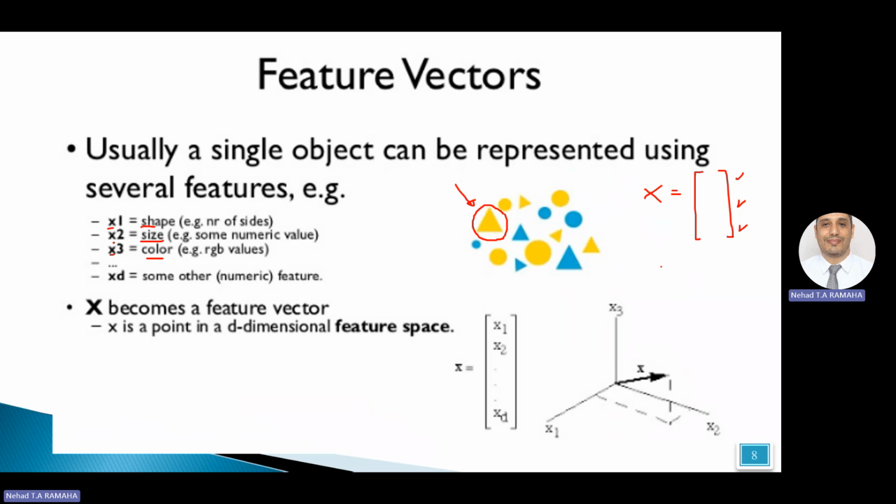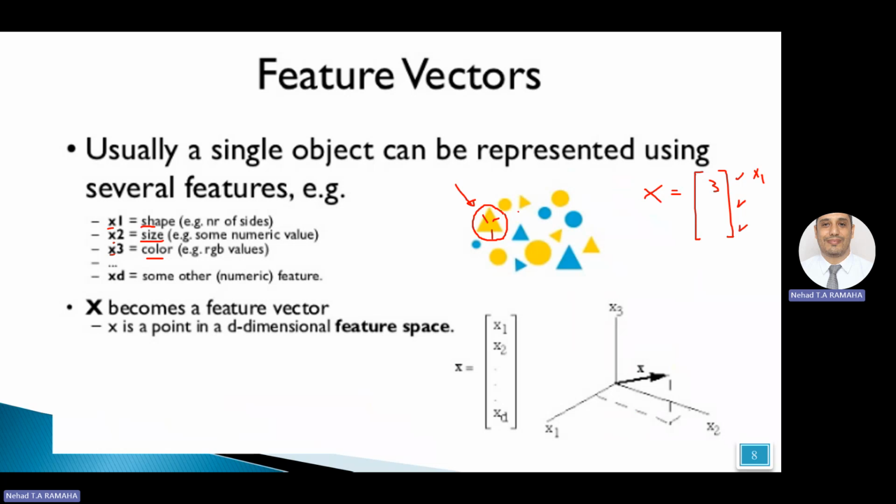For example, the first one is the shape. Shape depends on how many sides. So how many sides do we have here? 1, 2, 3. So X1, which is feature 1, the shape, is equal to 3.